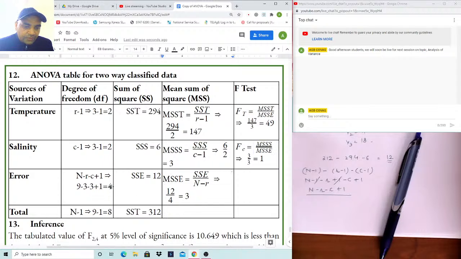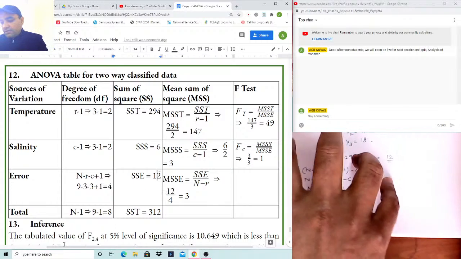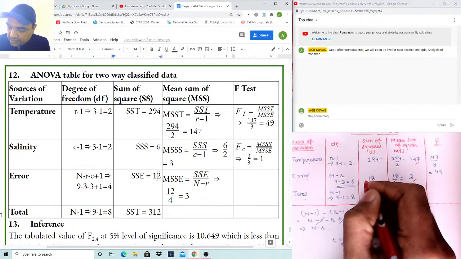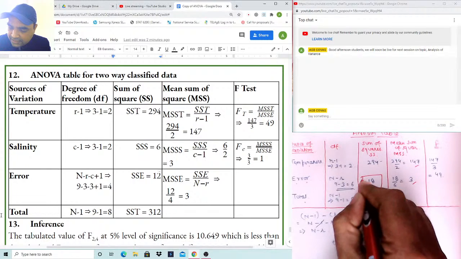Now in error, your degrees of freedom has changed. Earlier it was 6. So 2 degrees of freedom have gone into salinity. So now these are 4. So this 12 is the sum of square due to error, because earlier, when we were not considering salinity, if you recall your earlier table, this error component was 18.